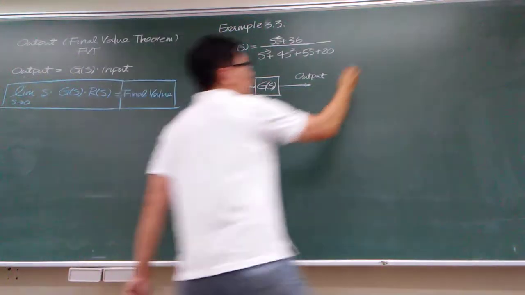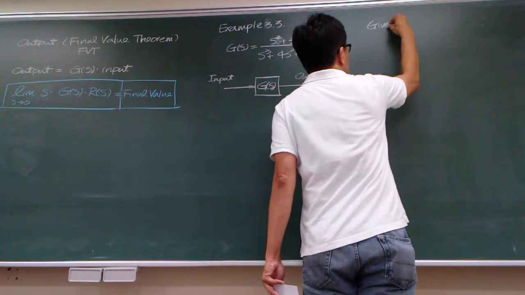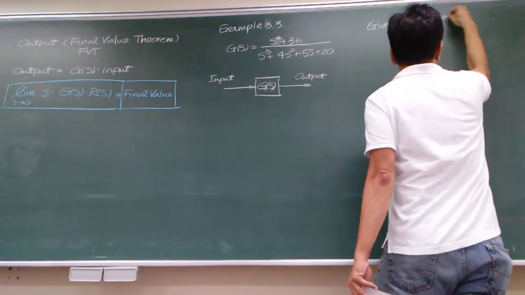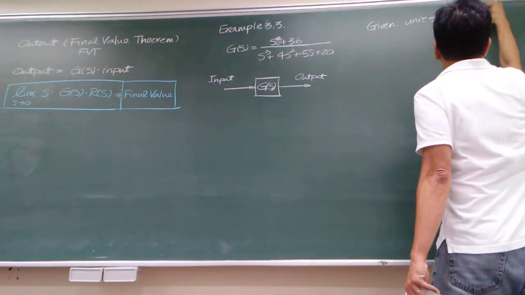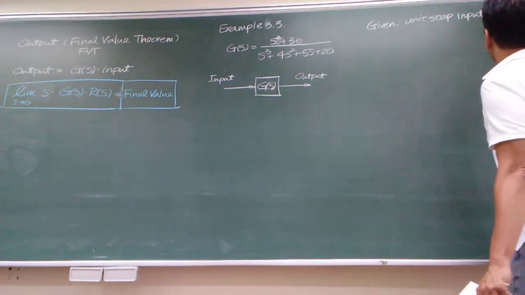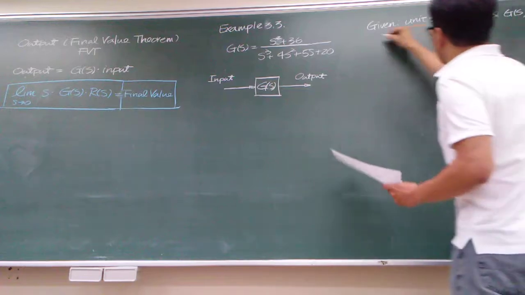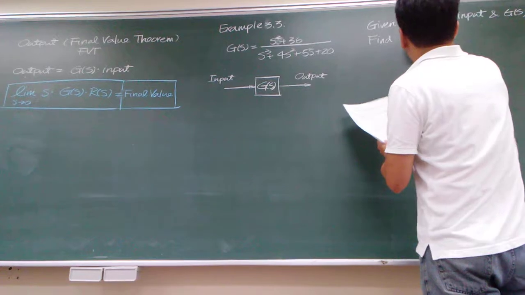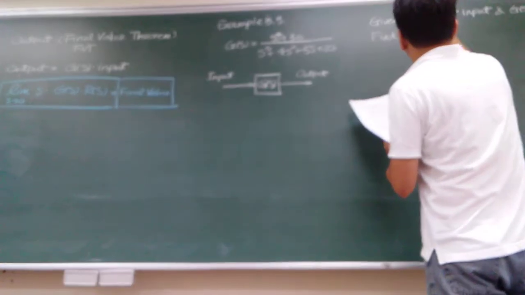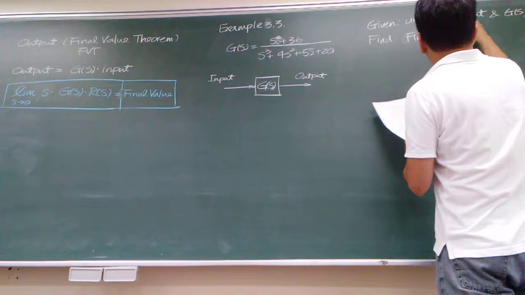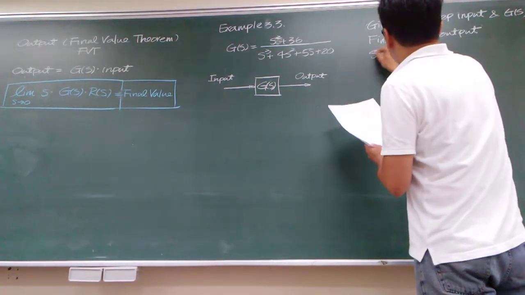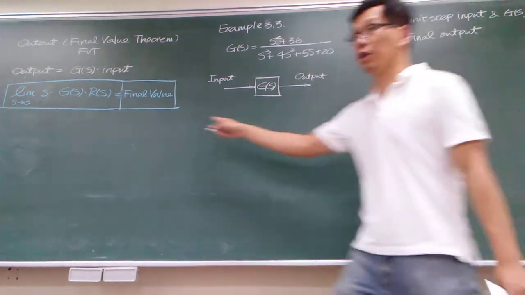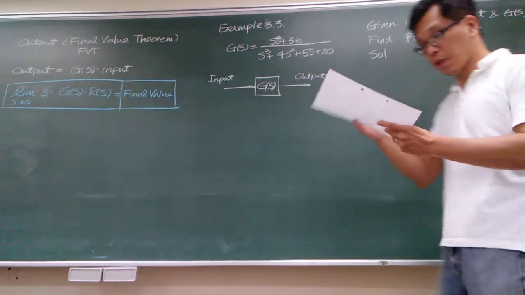In this problem, I'm given unit input, and my G of S. What I try to find is the final output. Pretty straightforward, right? It's just an application of final value theorem.